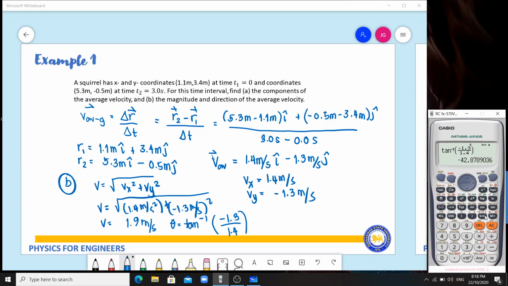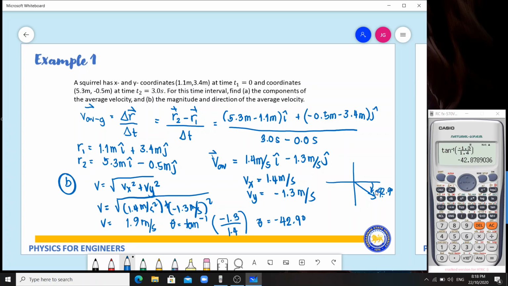The theta is negative 42.9 degrees. So if we are going to plot that, ayan, ang y component is negative pero positive x. So nandito siya banda. Ayan si velocity.